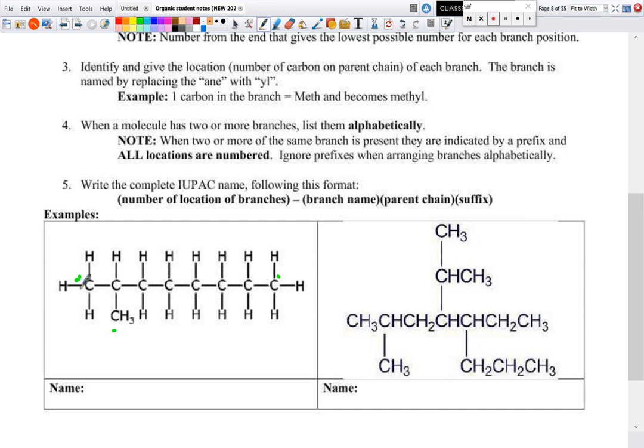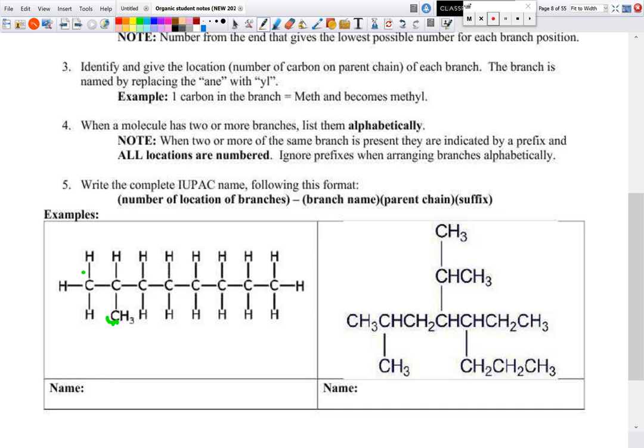So if we start at this carbon right here, and we count, we go 1, 2, 3, 4, 5, 6, 7, 8. If we go in reverse, it's still going to be 8. Now, if I start here at this carbon, I go 1, 2, 3, 4, 5, 6, 7, 8. So no matter what, I'm going to have 8 carbons as my longest continuous chain, and it didn't matter whether I started here or here.